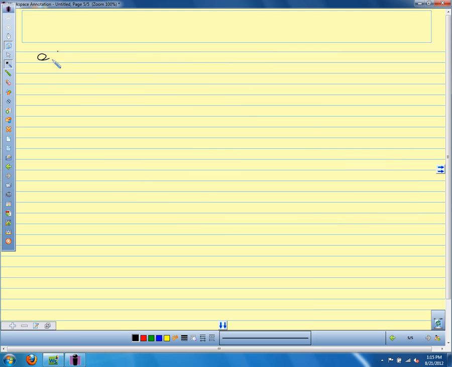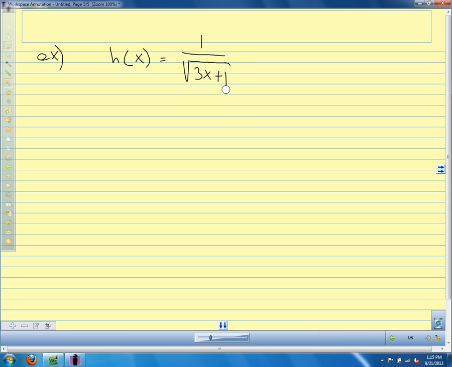So here's our example. We have h of x, some function, is x squared plus 1. I don't like this one. I'm going to do a different one. H of x is 1 over square root of 3x plus 1.